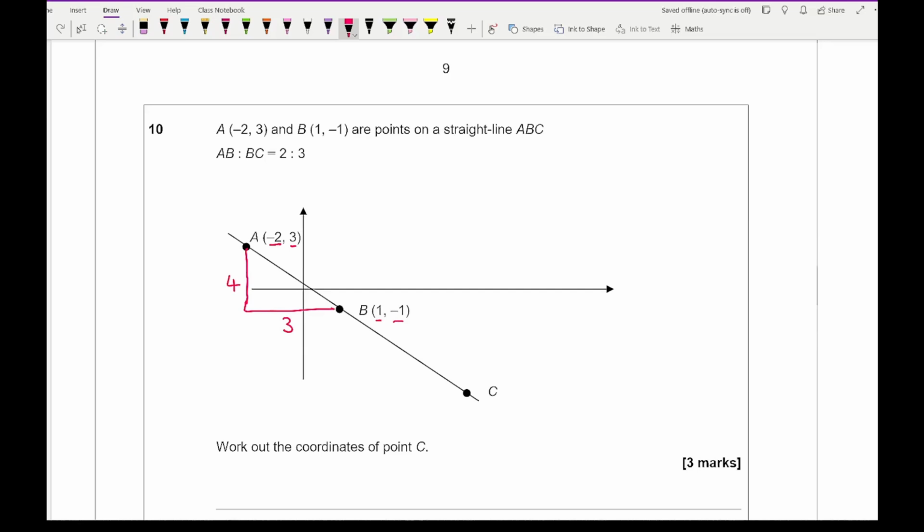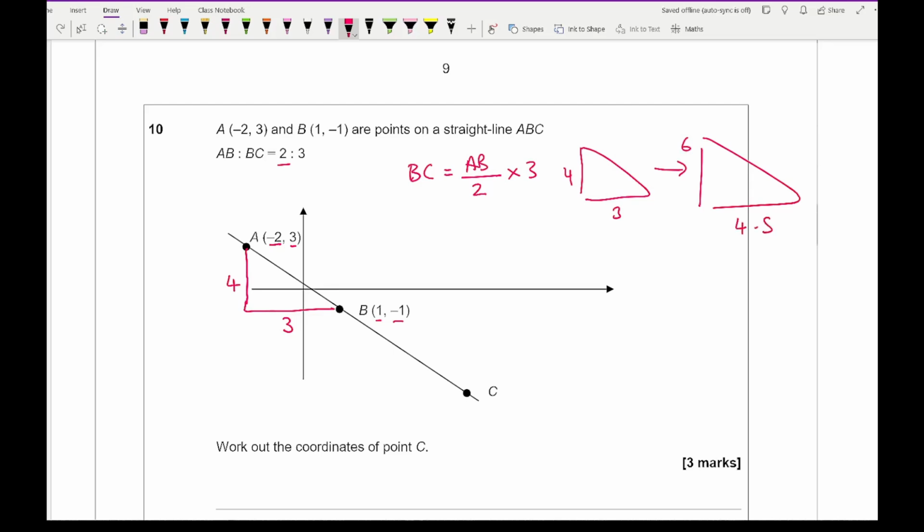Now to work out BC, it's going to be AB divided by 2 times 3. So if I've got 4, 3, then I'm dividing by 2 and multiplying by 3. 4 divided by 2 is 2, times 3 is 6, and 3 divided by 2 is 1.5, and 1.5 times 3 is 4.5.